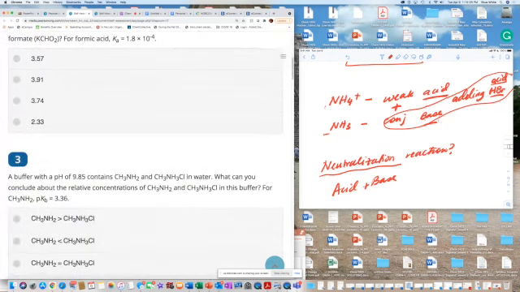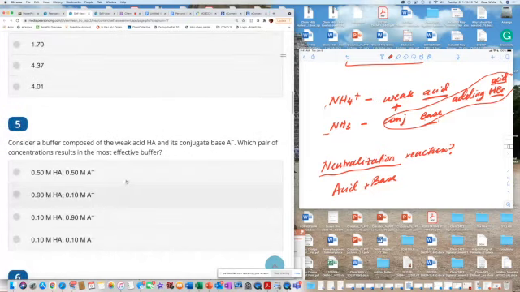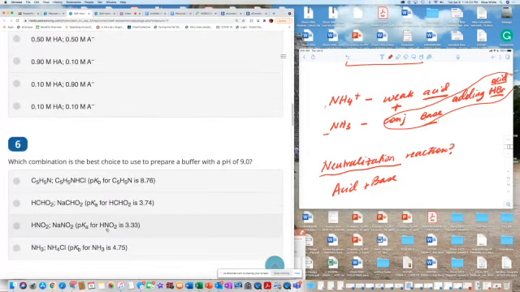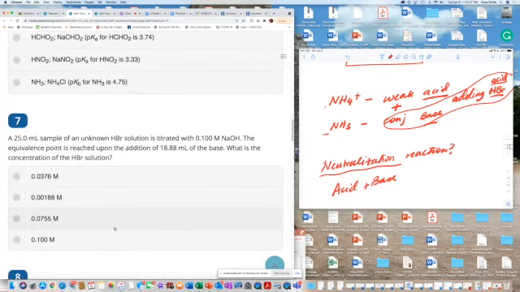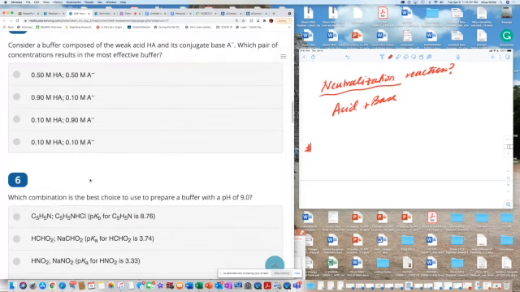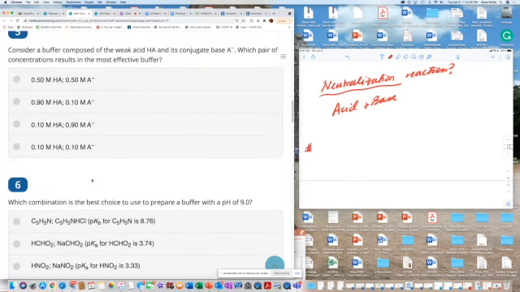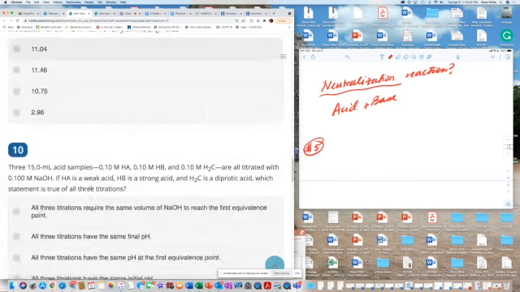Let me see what else we have. Similar to that. Which pair makes an effective buffer? Okay, so I'm going to write here real quick the questions I'm going to answer. I'm going to answer effective buffer number 5. Let me skim over this real quick.